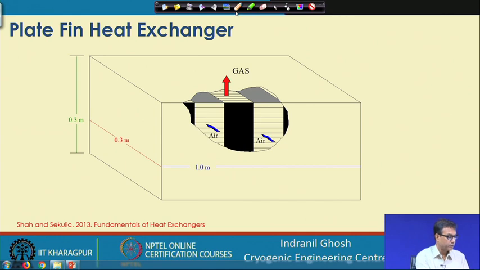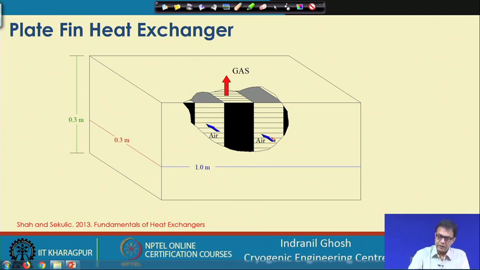So, we will now go to the next parameter that we can estimate. We have already arrived at the free flow area. Now we can try to find out the Reynolds number. But before going to the Reynolds number, we need to calculate the different fluid properties.